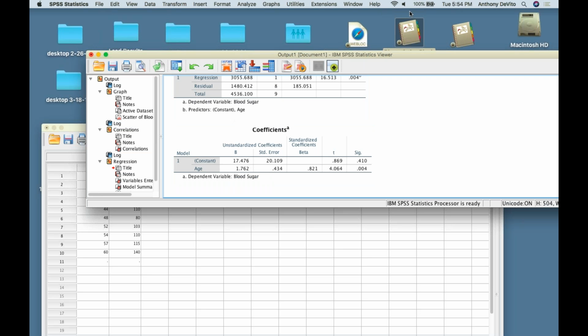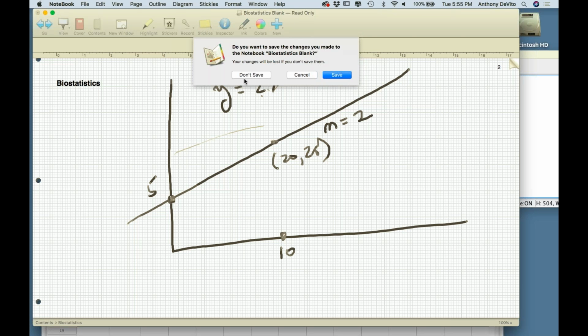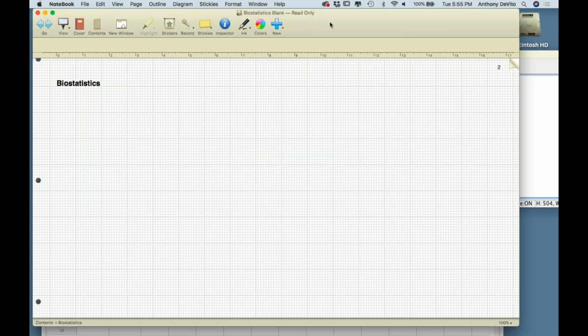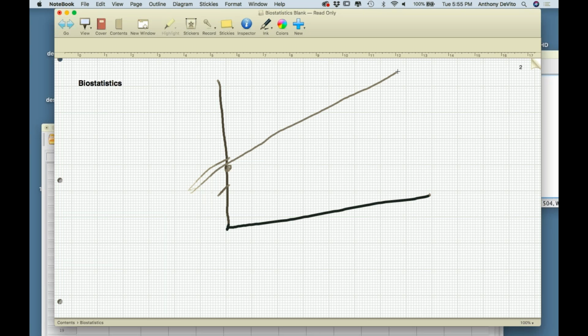So if I were to go back here again, and try another blank piece of paper here. Okay, and I'm going to draw this. Let's say the y-intercept is about here, and the slope looks something like this.